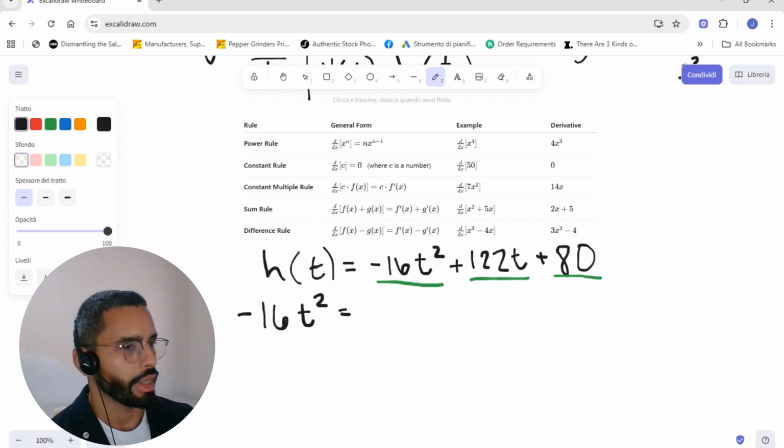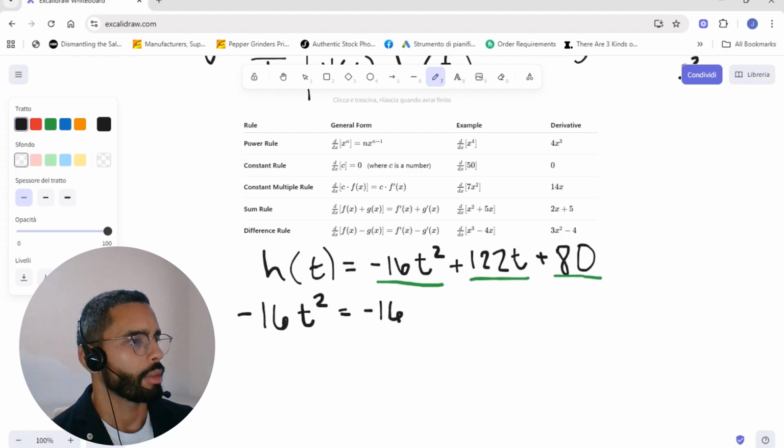Yes, exactly. We can also take the constant number out and simply take the derivative, in this case, with respect to t. So at the bottom, we write a t instead of an x, because we have x there in those rules.